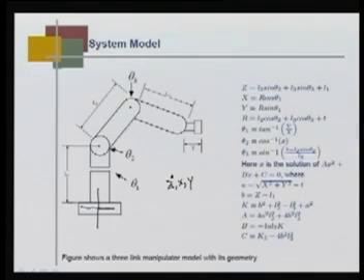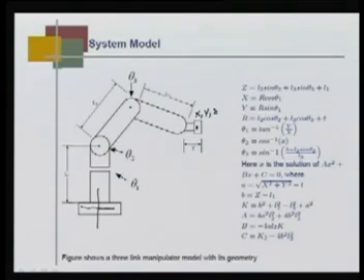Given theta 1, theta 2, theta 3, the end effector has a specific position z, x, y. This is my end effector point. This x, y, z is the position of the end effector in spatial coordinates, and that can be correlated with theta 1, theta 2, theta 3 in this particular manner.